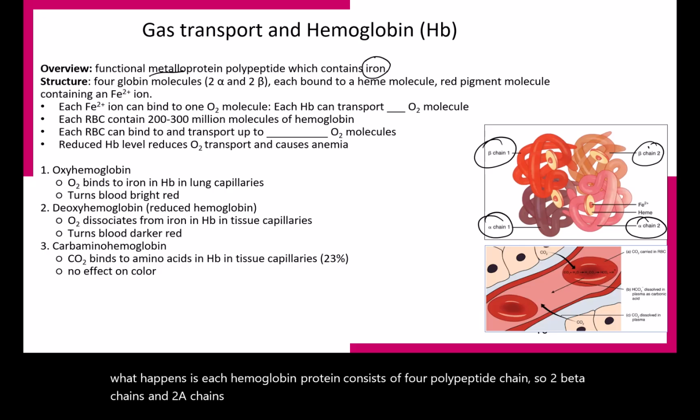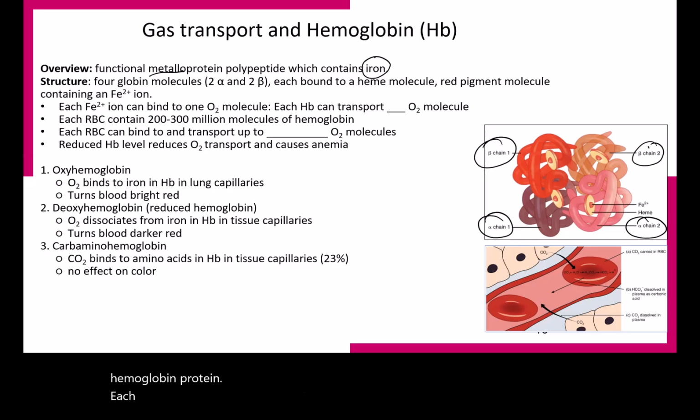And they combine together to form a mature hemoglobin protein. Each chain has a heme molecule that contains an iron, and each iron can bind to 1 oxygen molecule.